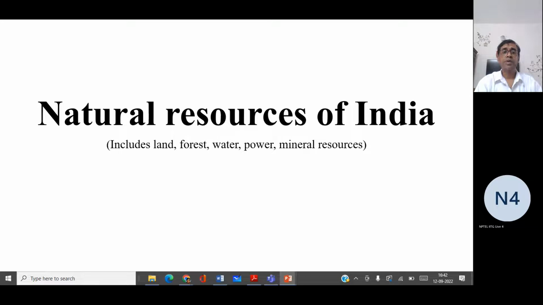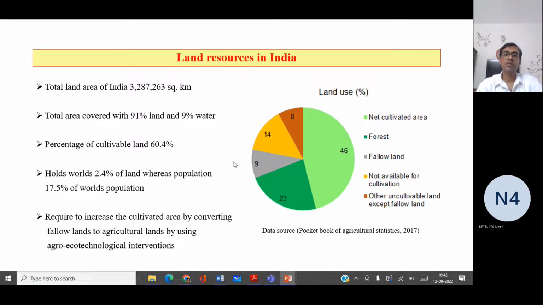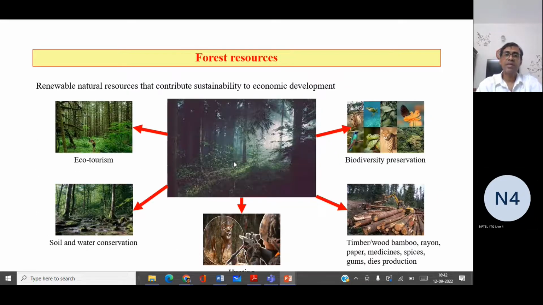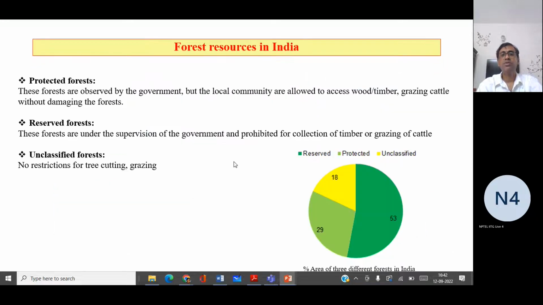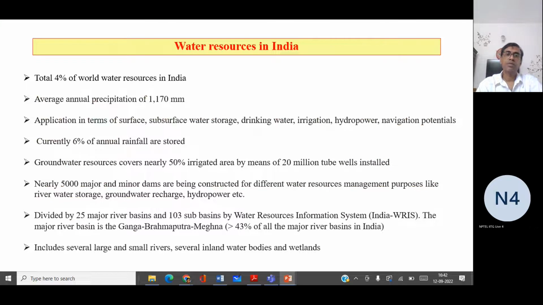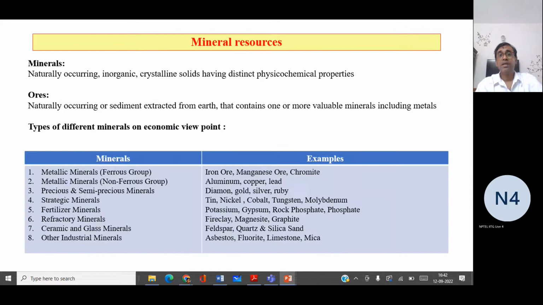Then we also discussed the natural resources basis of our country, including land, forest, water, power, mineral resources of the country, and where they are available, how much they are available, so which particular type of mineral is available where.